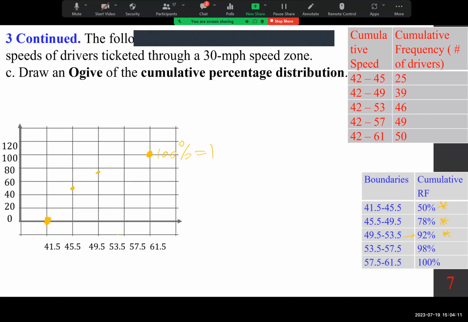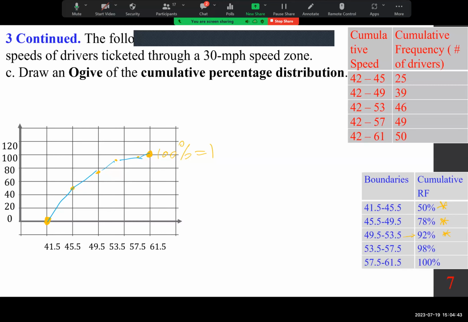Okay, 53.5 is 92%. And 57.5 is 98%. It's pretty hard to show. Now, you connect them with line segments like so. Okay, that's how you connect them. Let me show you, of course, a better picture.